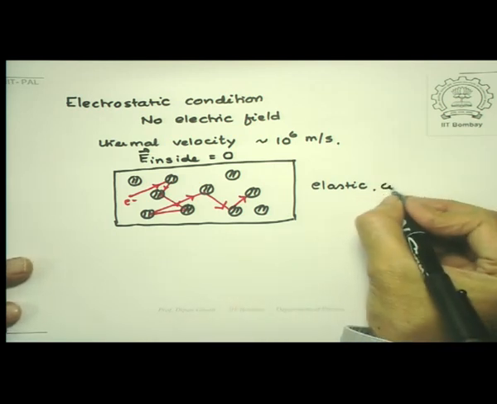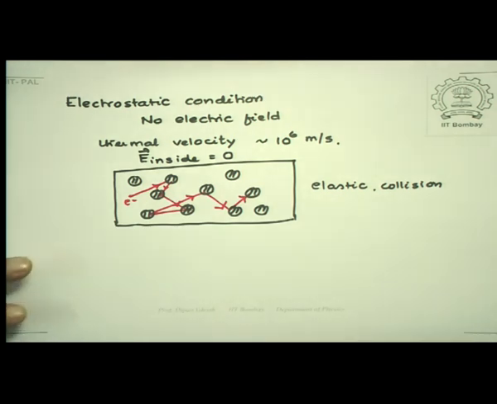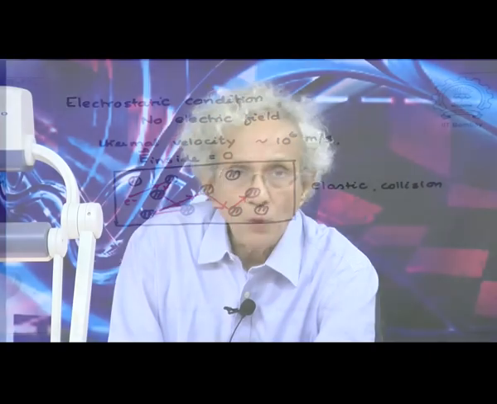So elastic collisions take place. This is very similar to when a very light particle collides against a heavier one, for instance a tennis ball bouncing against a wall, or a stone bouncing against a truck.